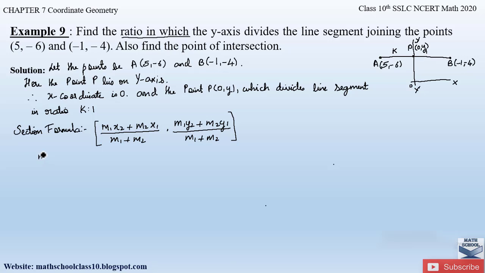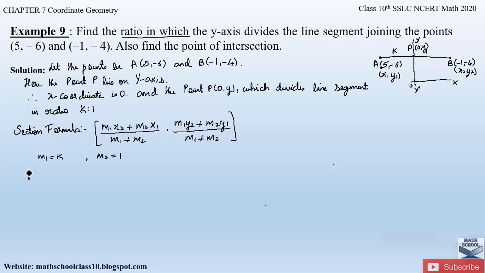Therefore we will have m1 equal to k and m2 equal to 1, and the coordinates of point P which divides the line are P(0, y). So let us apply the formula now, where m1 is k, and let point A be (x1, y1) and point B be (x2, y2). This point P divides the line in the ratio m1:m2.